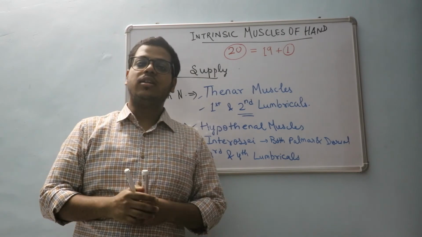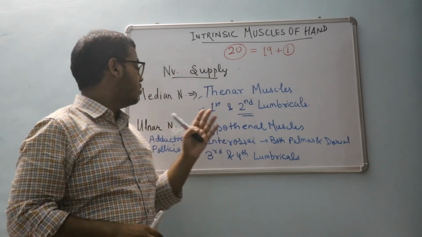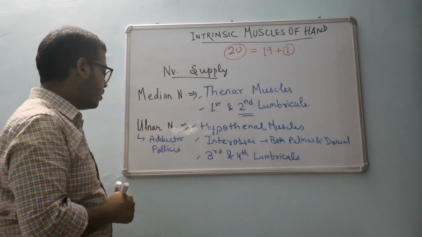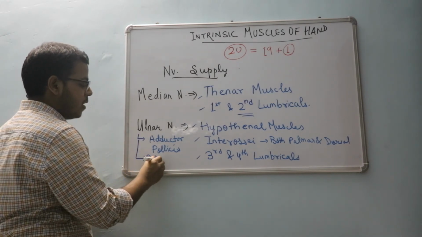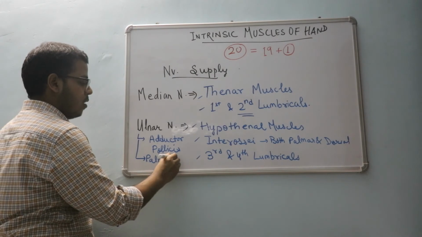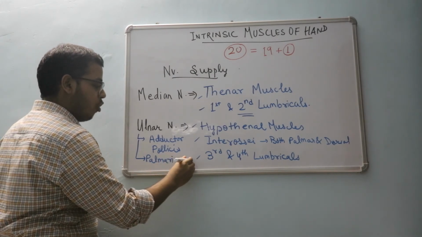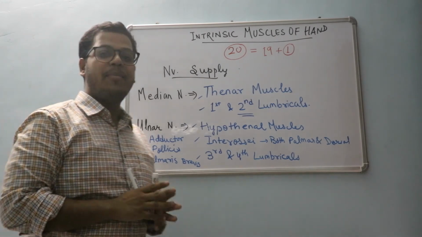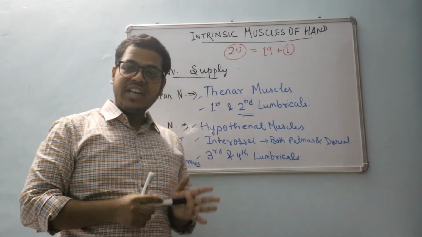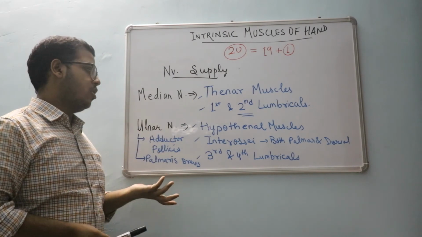Okay, so these are the muscles that are supplied by the ulnar nerve, and if present, the palmaris brevis is also supplied. But as I have already told, palmaris brevis is not present in 80% of the population. So if it is present, it will be supplied by the ulnar nerve only.